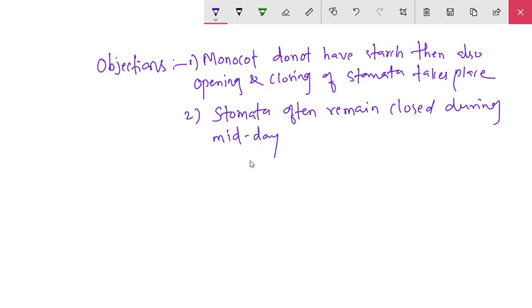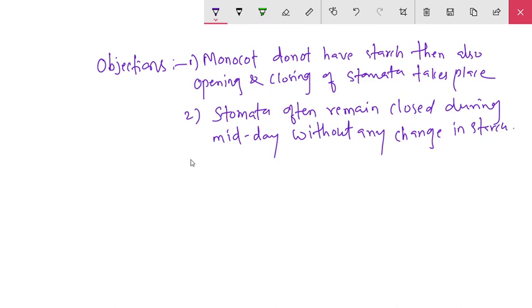Okay, midday without any change in starch.